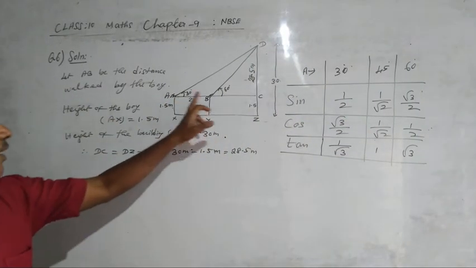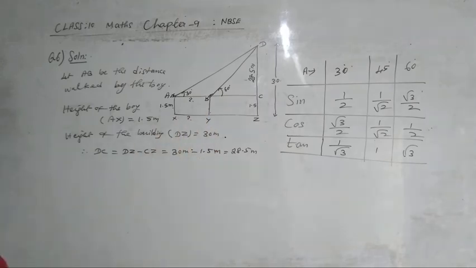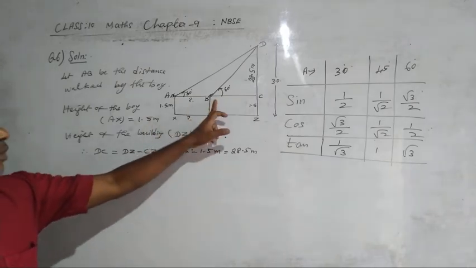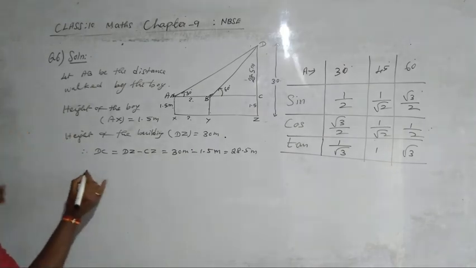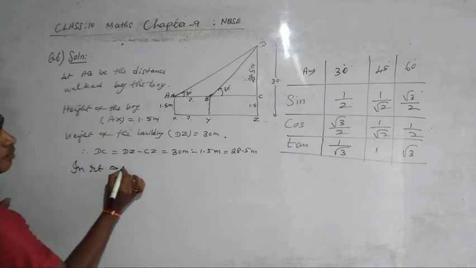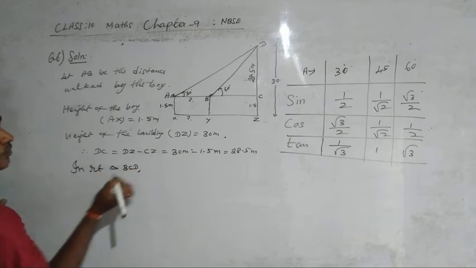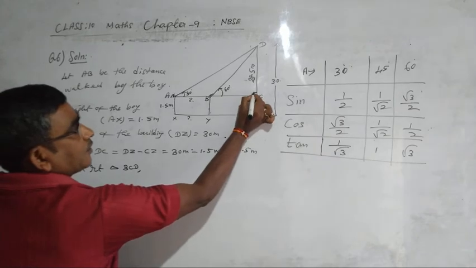Now you have to find AB or XY. They are both the same. The distance walked by the boy equals AB or XY. Okay, you can find it one by one. In right triangle BCD, there is a right angle here, perpendicular.